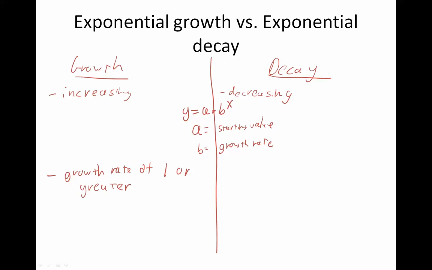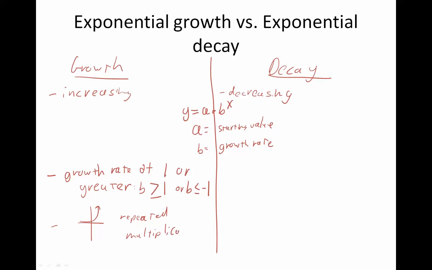If this b value is greater than or equal to 1, or I should also mention less than or equal to -1, then you have a growth function. And a growth function will look like this. When we graph it, it'll look something like that. Remember, this is repeated multiplication, just like we talked about in the last lesson.